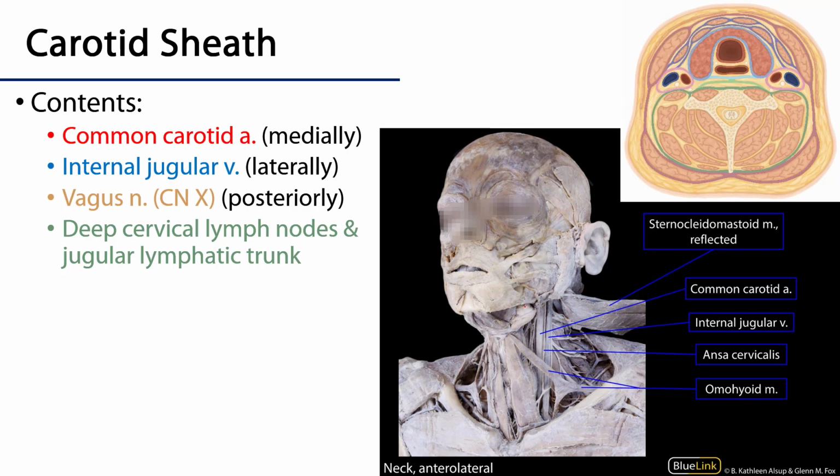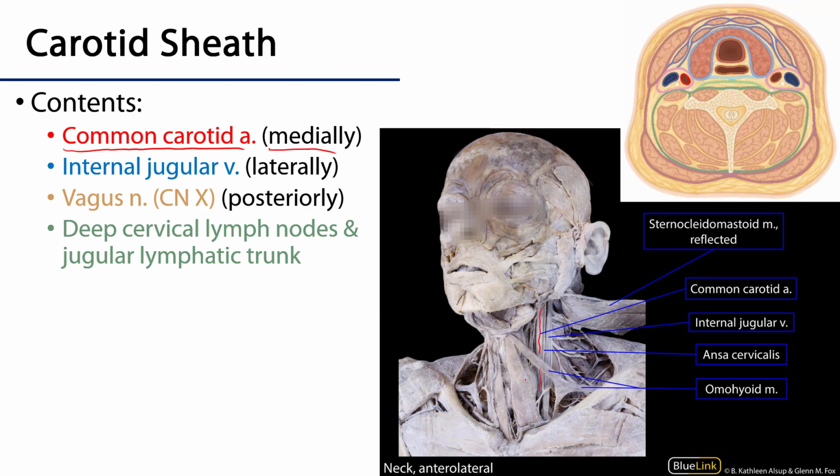So let's take a look at what all can be found within the carotid sheath and their various relationships to one another. So starting medially here, this is typically a very prominent feature of the sheath. We have the common carotid artery. The common carotid artery is a medial feature of the sheath.